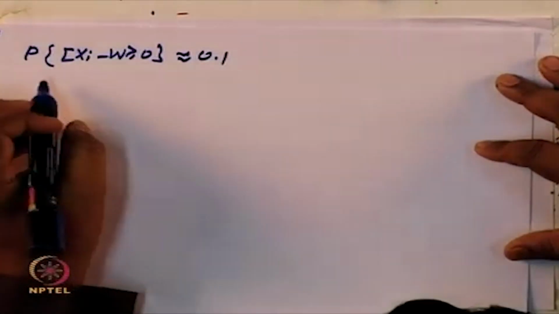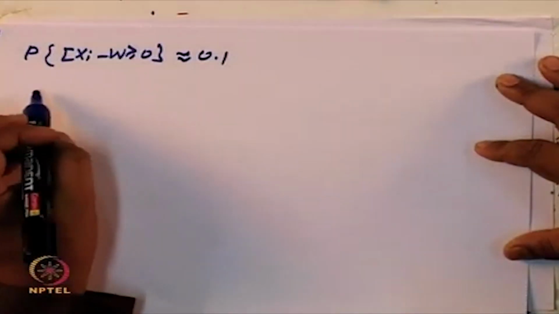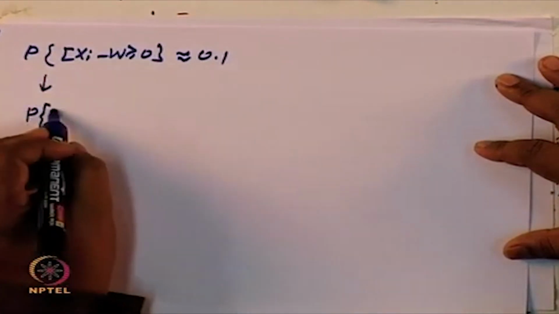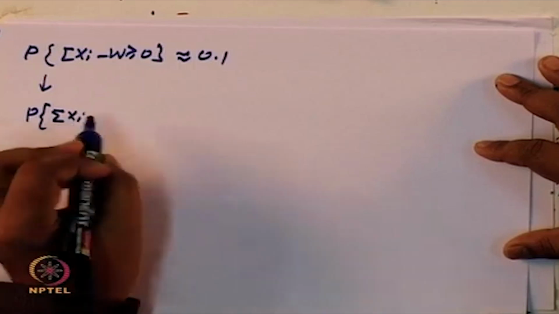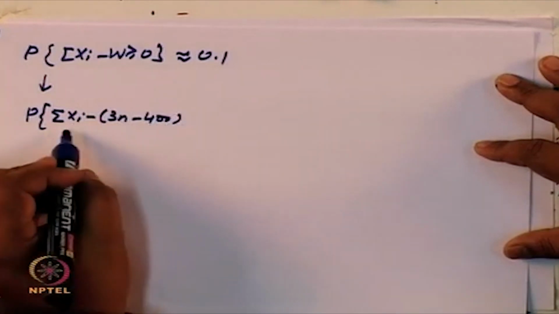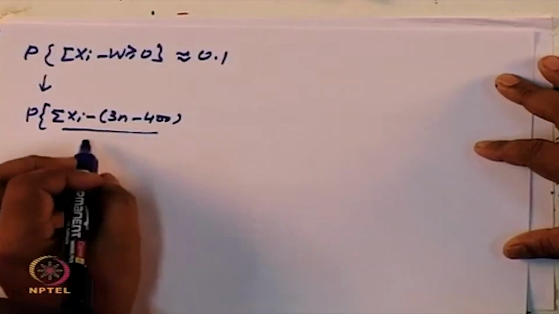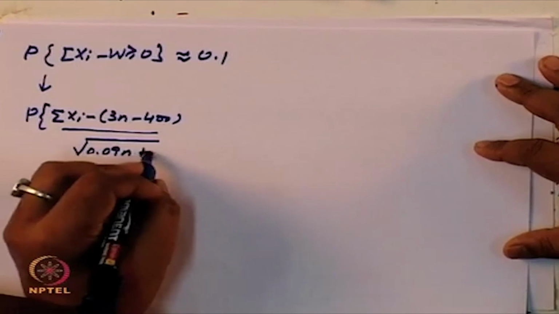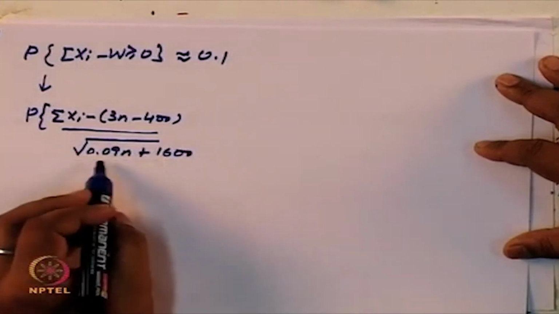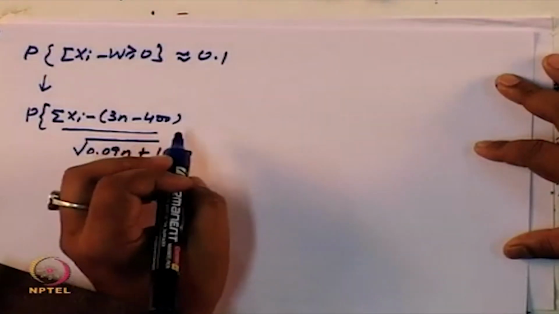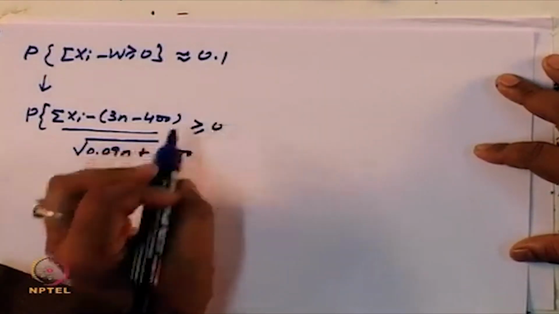So, probability of summation xi minus w can be written as probability of z, or summation xi minus the net mean of 3n minus 400, divided by root of 0.09 n plus 1600, because the variance was 0.09 n plus 1600, is greater or equal to 0.